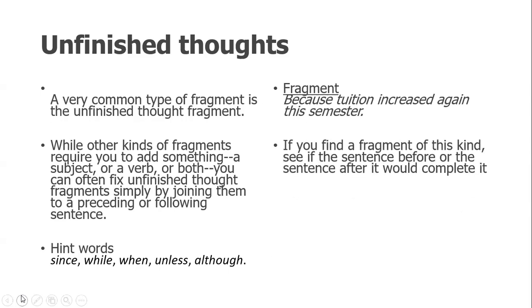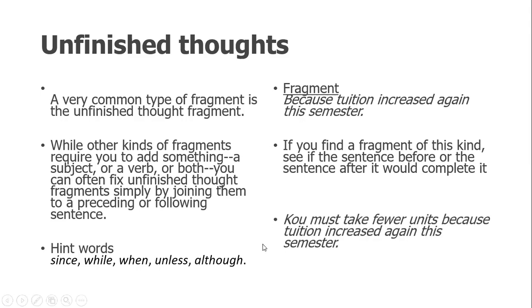If you find a fragment of this kind, see if the sentence before or after it would complete it. Look out for because or since, or any sentence that starts with these kinds of conjunctions, some of the fanboys or some subordinate conjunctions. You have to either make it part of the previous sentence or a continuation of it. Okay, now how do we do it?